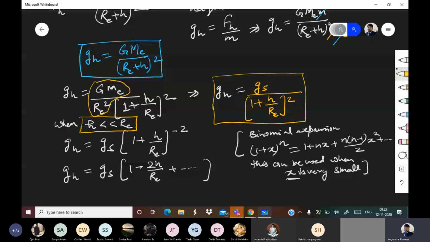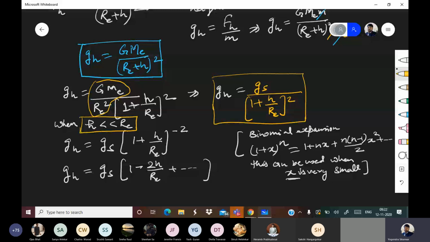Now as compared to 6400 kilometers, 2 kilometers, 3, 4, 5, 10 kilometers, all these distances are very less. Again, just to give you perspective, height of Mount Everest is 8848 meters, that means 8.8 kilometers. So even Mount Everest is negligible height as compared to the radius of Earth.